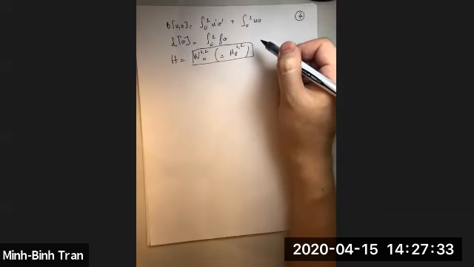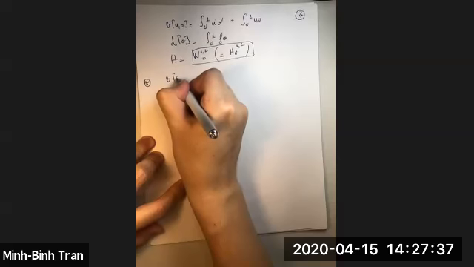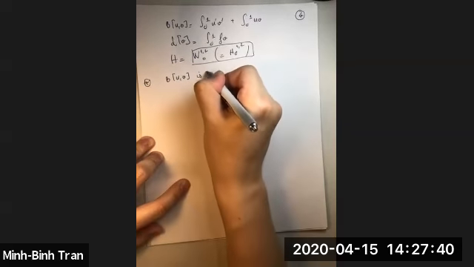So before going to study F, we're going to see that B(u, v) is bilinear, right?